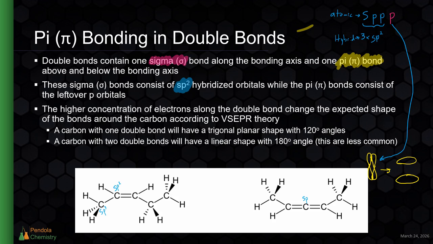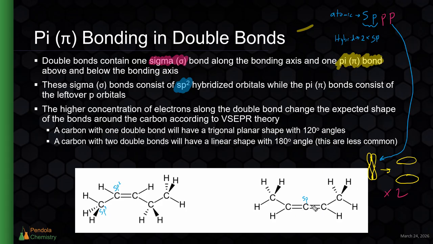So whenever a carbon has two double bonds, instead of being sp2 hybridized, it will be sp hybridized. We will actually get rid of one of the p's in the hybrid orbital, make two sp hybrid orbitals, and then that frees up that extra p orbital that we talked about earlier to then make a second pi bond.